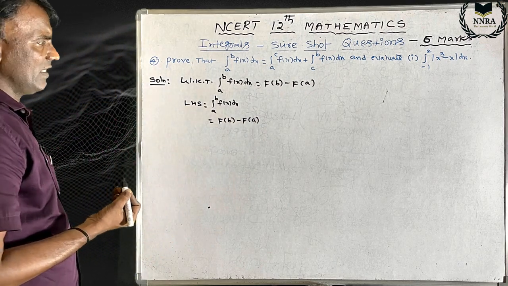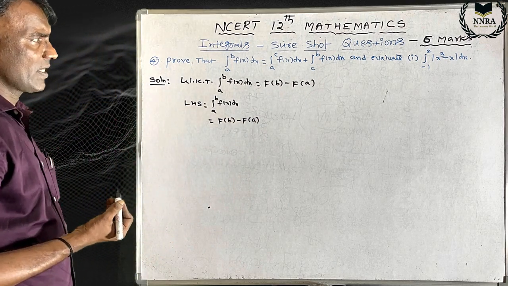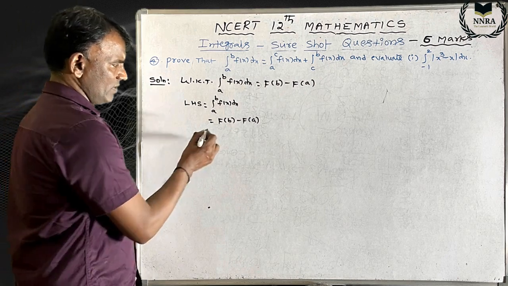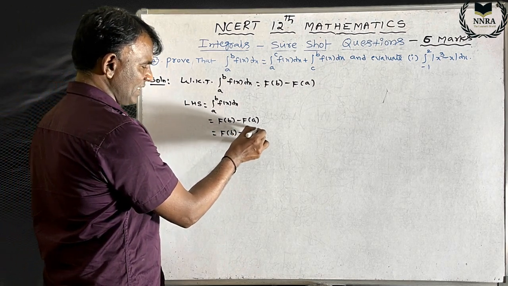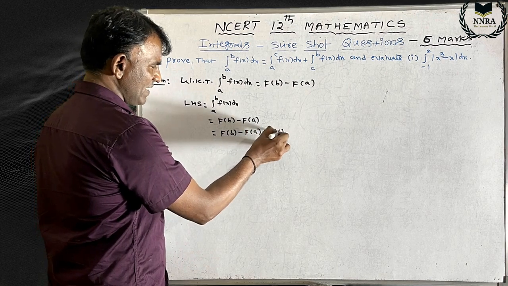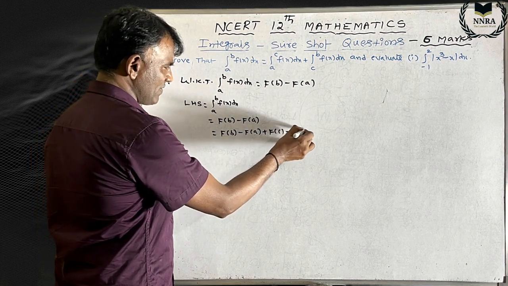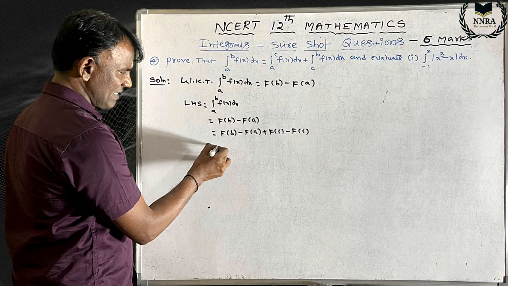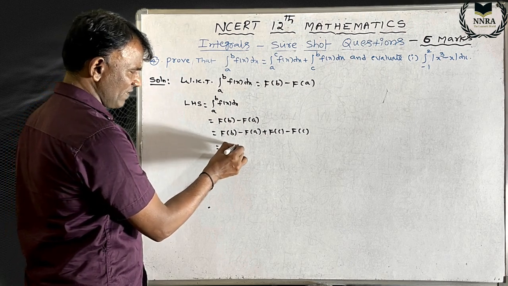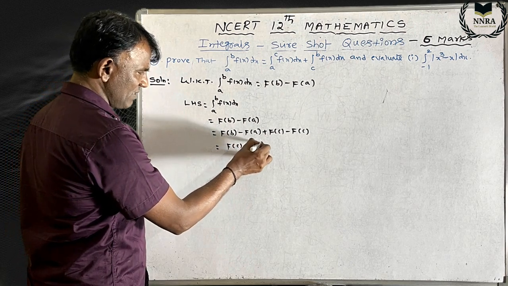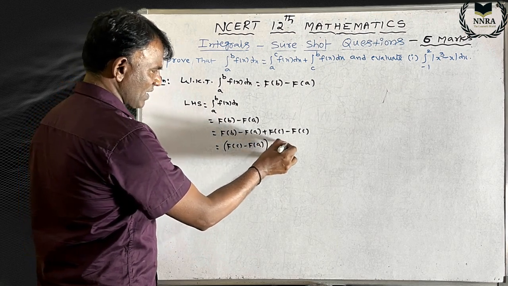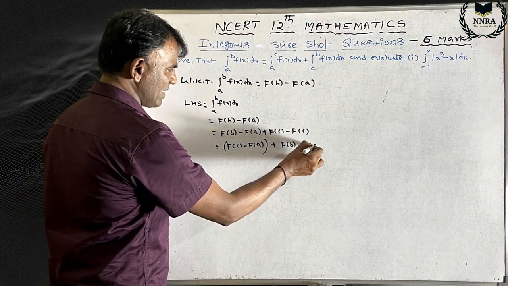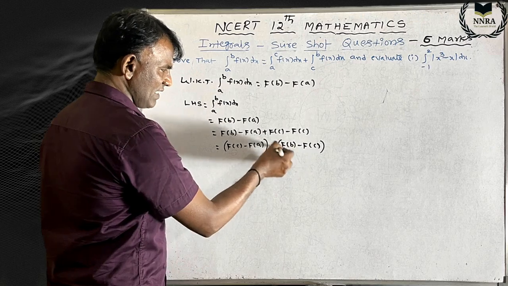Clear? And now how to take this one? This can be written as f of b minus f of a plus f of c minus f of c. And again this can be written as f of c minus f of a, this is the first value, and plus f of b minus f of c. Clear?